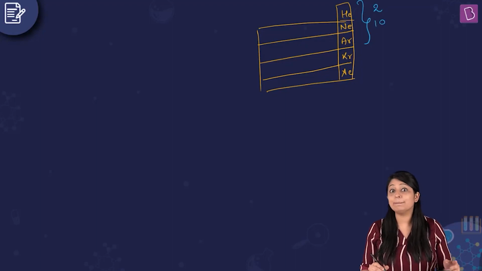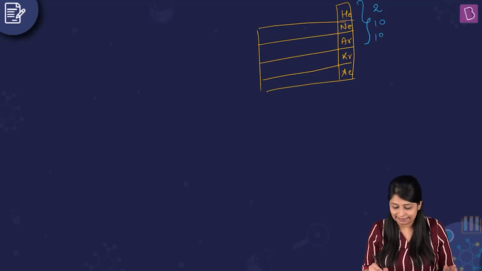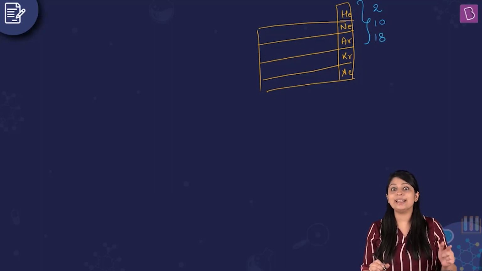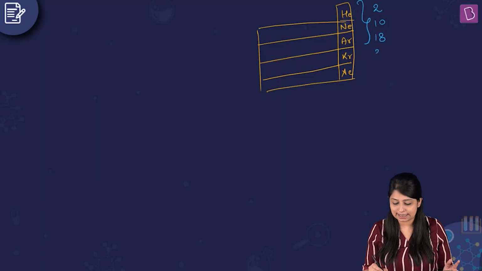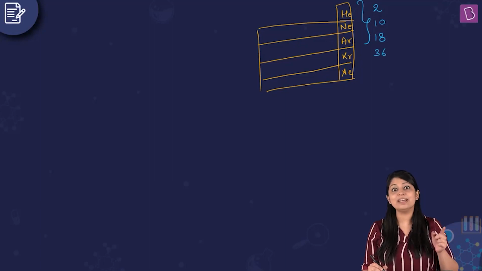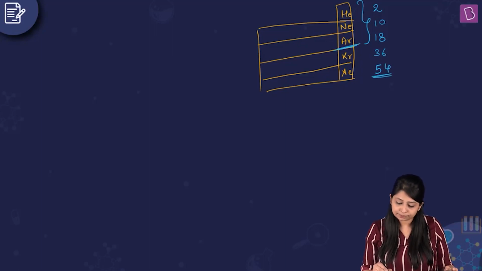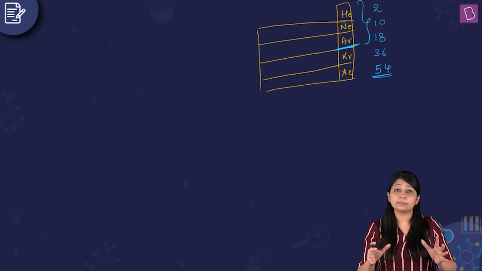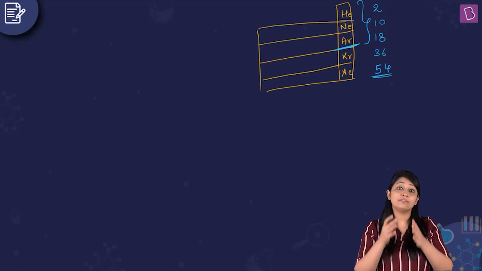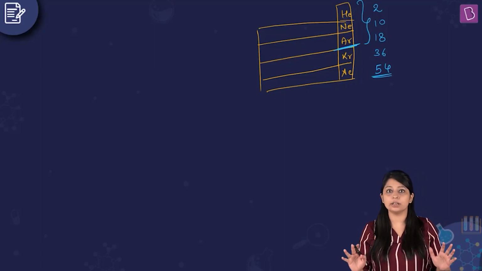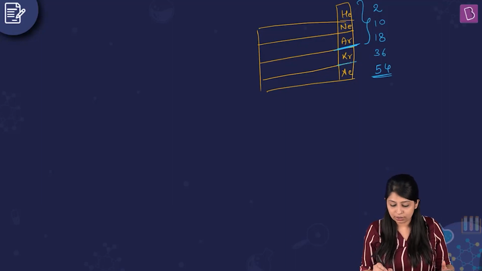Argon would have 10 plus 8, that would be 18, right? Krypton would have 18 plus 18, that is 36. And xenon will have 36 plus 18, that is 54. Okay, so up till argon, no atom has filled d electrons. Okay, so let's check it out.